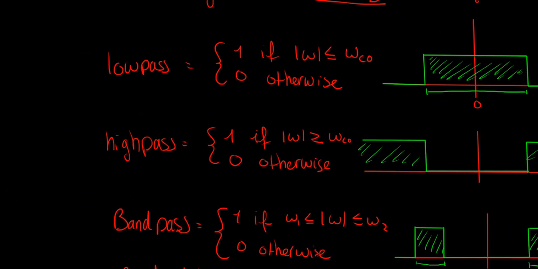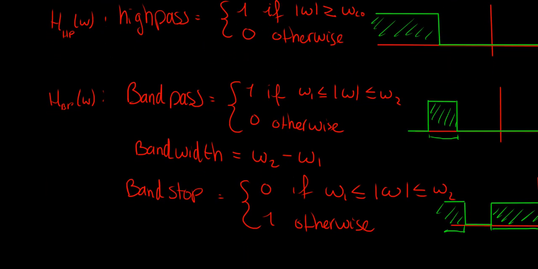How these are usually denoted is with H of omega: H low pass, H HP for high pass, H BP for band pass, and H BS for band stop.